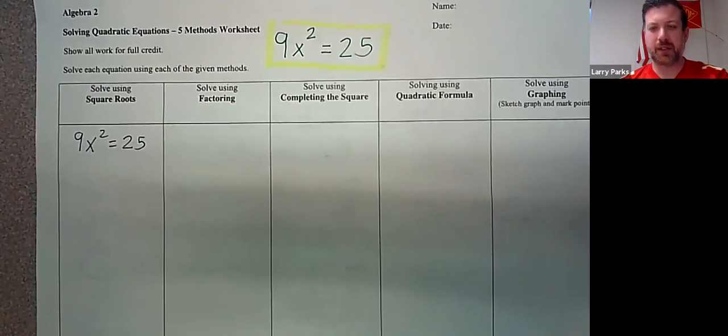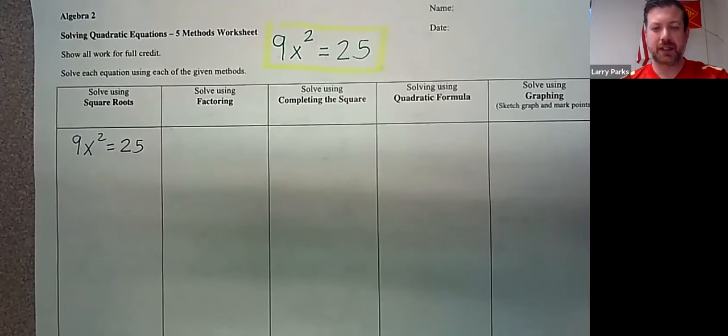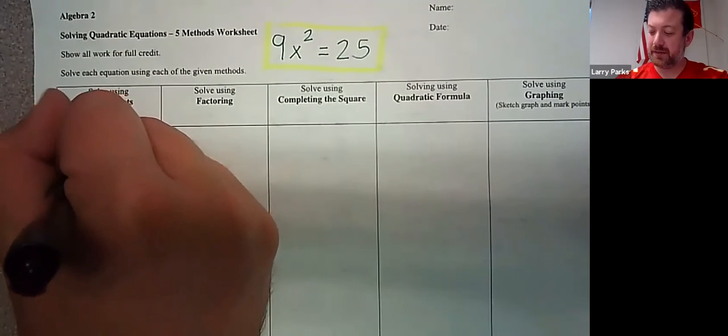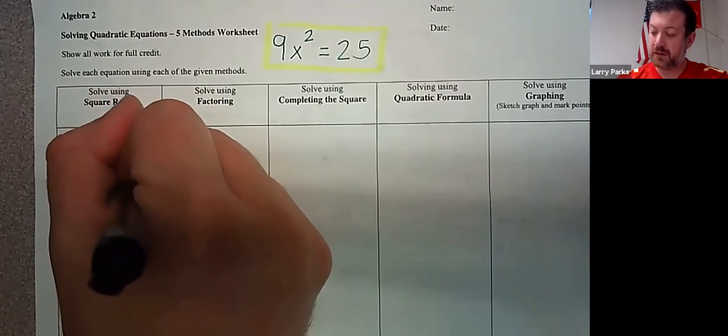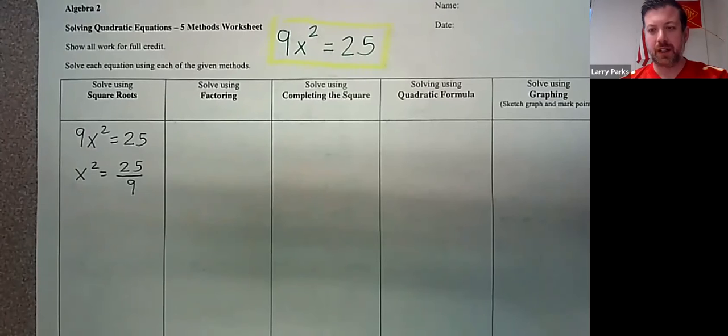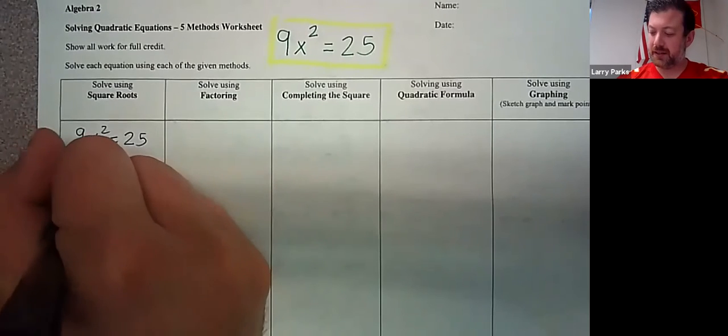First, you want x squared by itself, so you're going to divide both sides by 9. And then square root both sides.